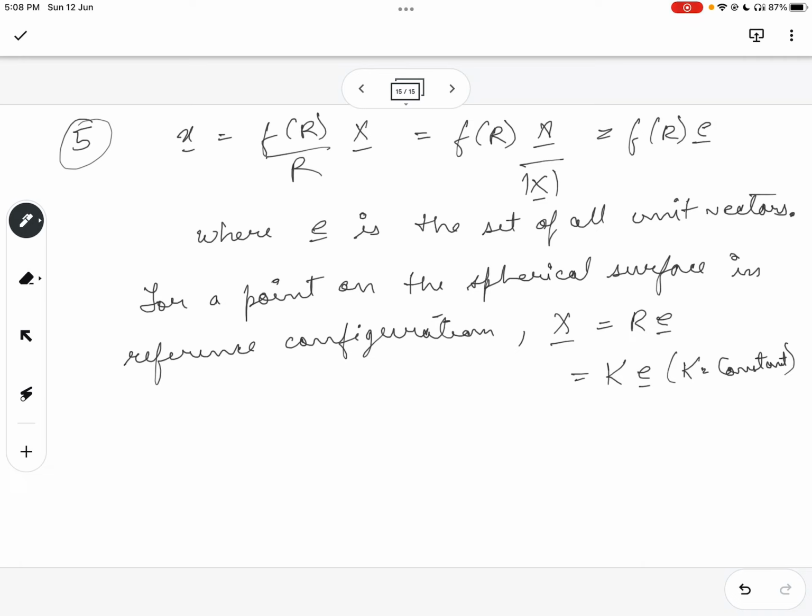So for a spherical surface, R is constant K, which means R is equal to K for all points in the reference configuration.